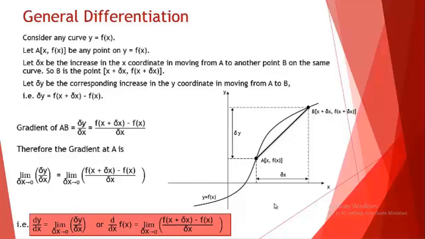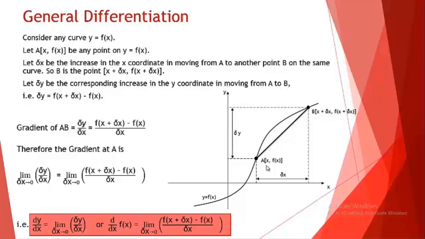So if you look at this diagram, AB is any chord, such that A has coordinates (x, f of x) and B has (x plus delta x, f of x plus delta x). Delta x is the increment in the x coordinate and delta y is the corresponding increment in the y coordinate.